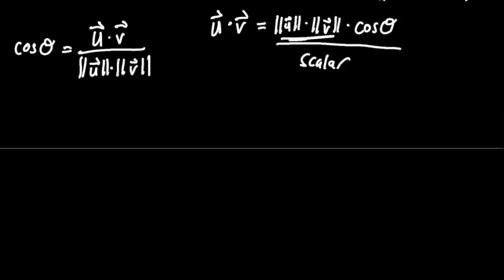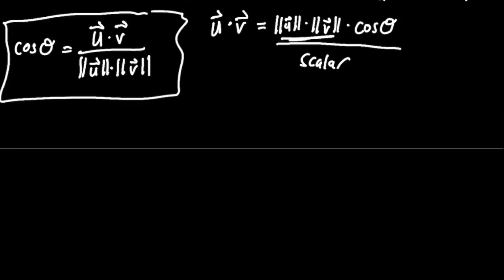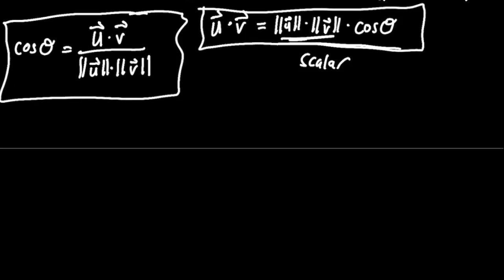So we can use this equation to find the angle between two vectors. And here we have our alternate definition of dot product. So we can define it using their components. We can also use their lengths and the angle between them.